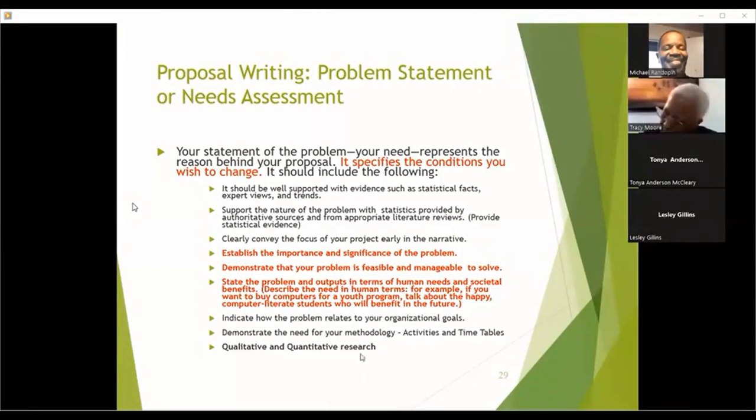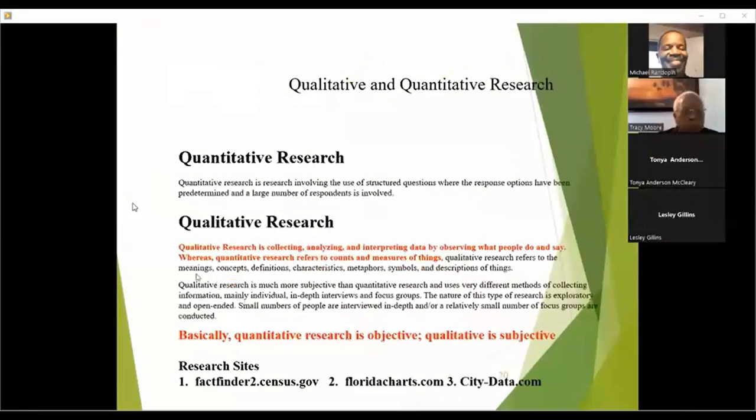Now, in order to identify the data necessary to support what the problem is, there are two forms of research: quantitative research as well as qualitative research. Quantitative research is when you begin to address the issue of how many.